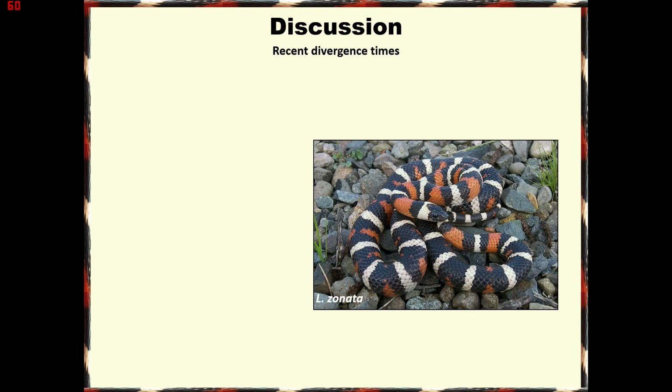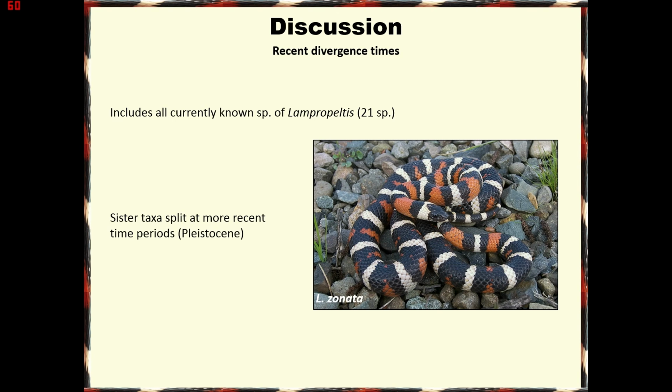So why do we have all these recent divergence times now? Well, we're including 21 species, not 10. And we've got sister taxa splitting at more recent time periods. So a lot of these species are new to this tree, sister taxa pairs. And so we're getting these more recent time periods during the Pleistocene for the speciation events.